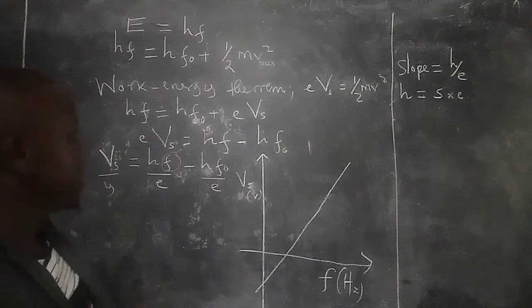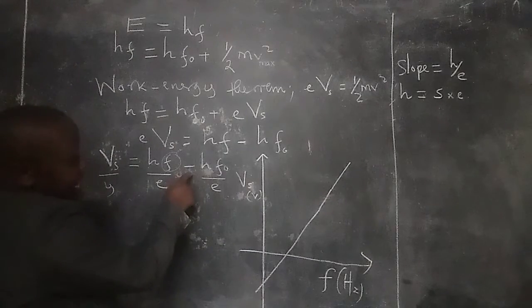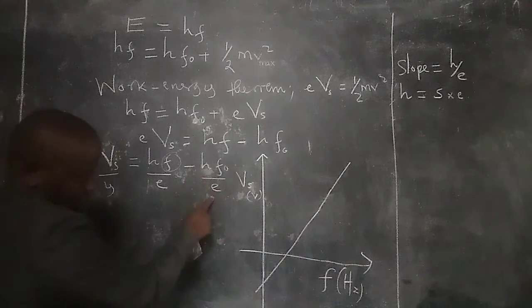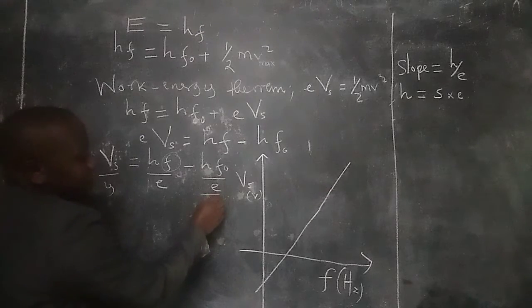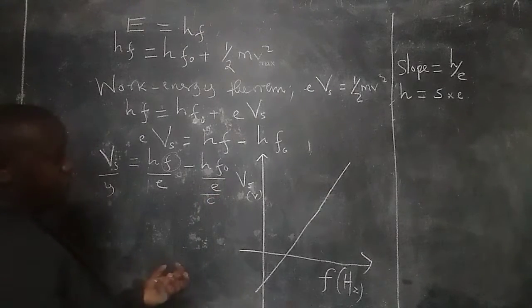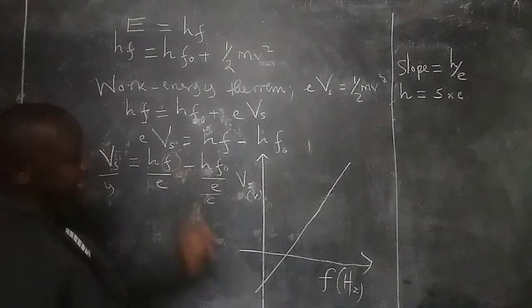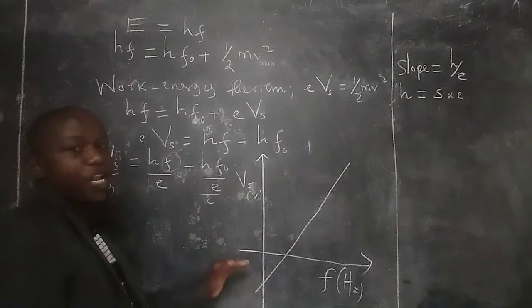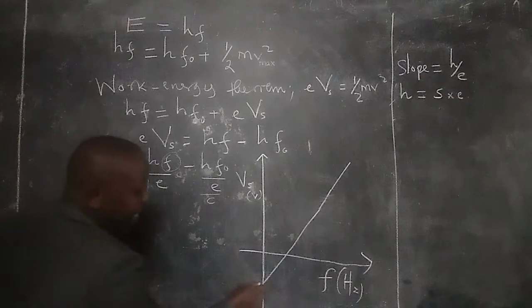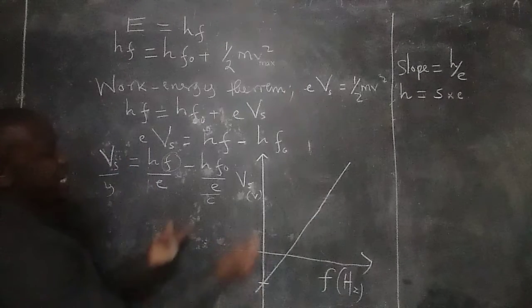Again, because we can see the negative hf naught, this one is the constant part according to the equation of a straight line, and we can say this constant is given by the y-intercept. And according to the nature of the graph, the y-intercept is going to be a certain negative value.